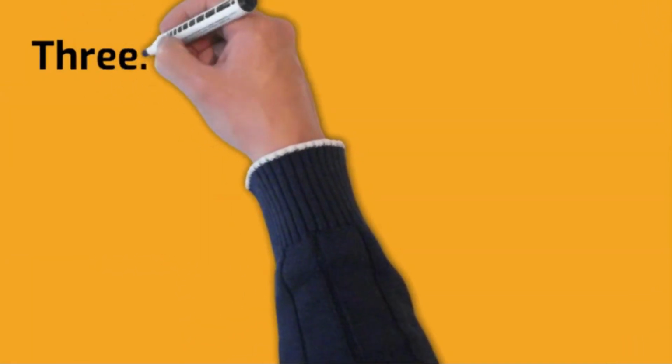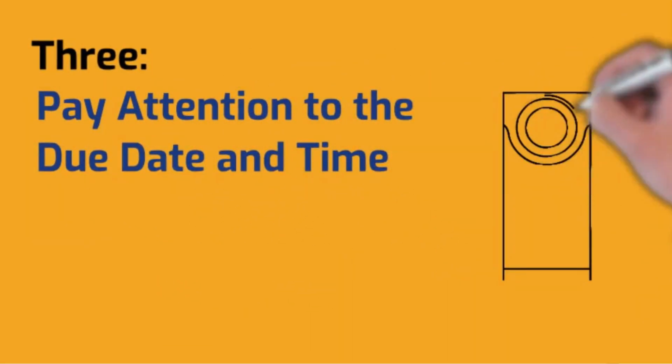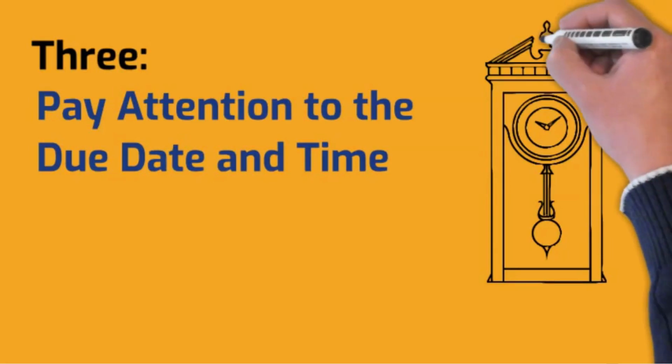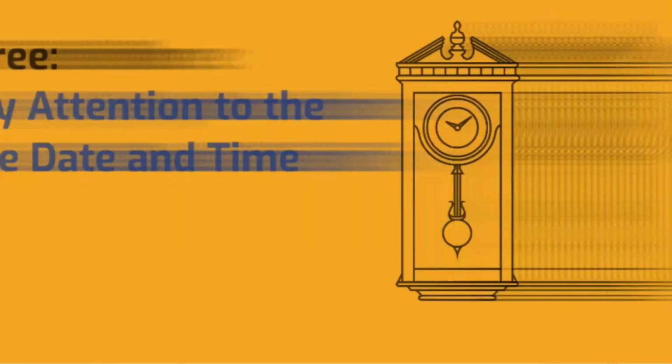I'm not going to say much about this one other than to say I'm always amazed at how many proposals are submitted after the deadline. If you do this, you're just wasting your time because they probably won't even read it. So when you're in sam.gov looking at contract opportunities, first check the due date and make sure you have enough time to prepare a response. If you find one where the due date is tomorrow, you probably don't have enough time.